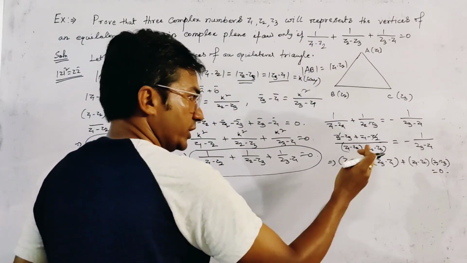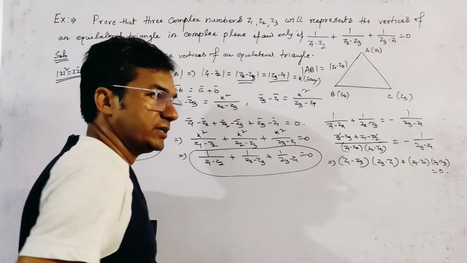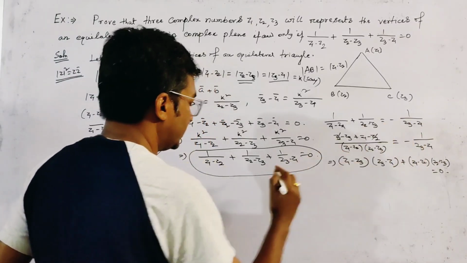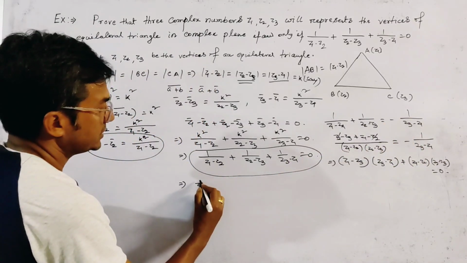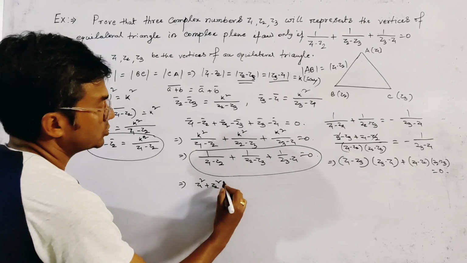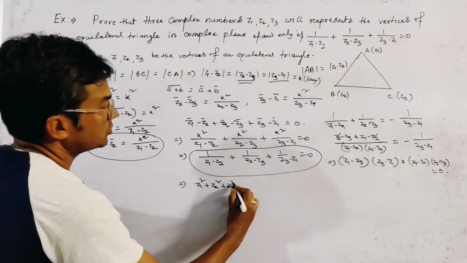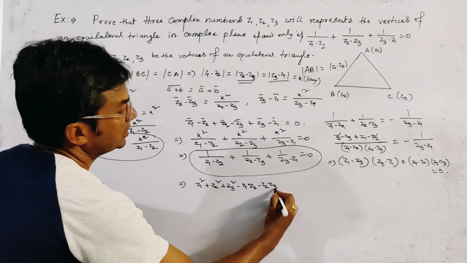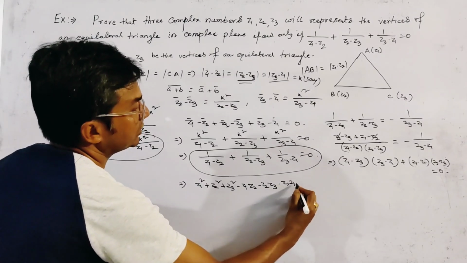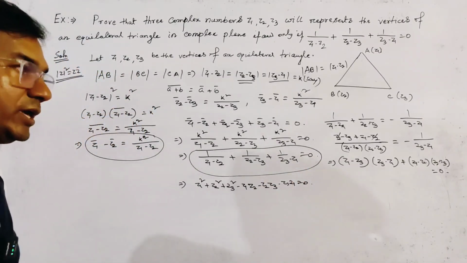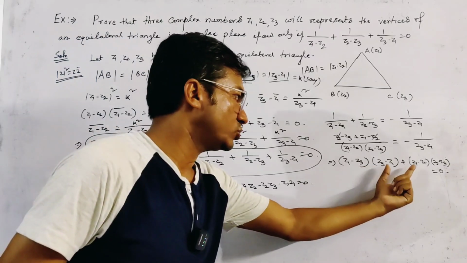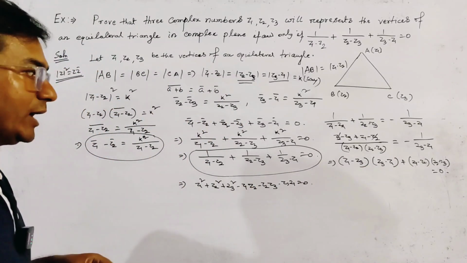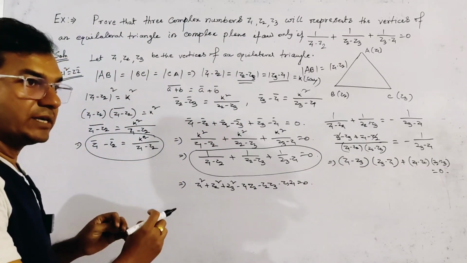We write the two terms on the left side. Now multiplying, we get Z1 square plus Z2 square plus Z3 square minus Z1 Z2 minus Z2 Z3 minus Z3 Z1 equal to 0. We already discussed factorization in detail in the previous class.